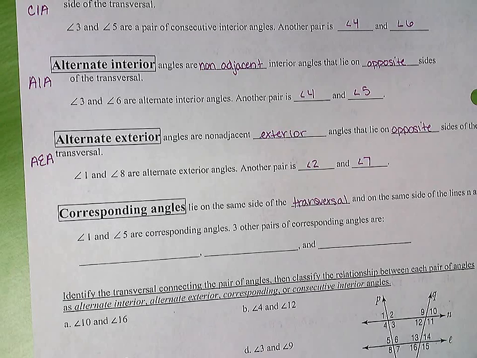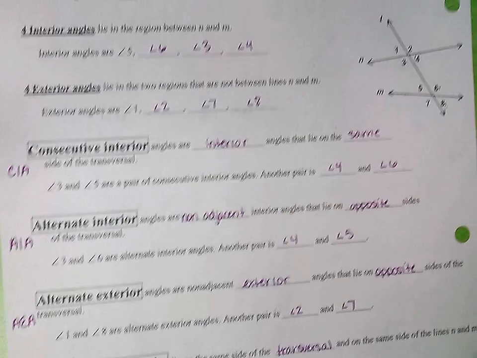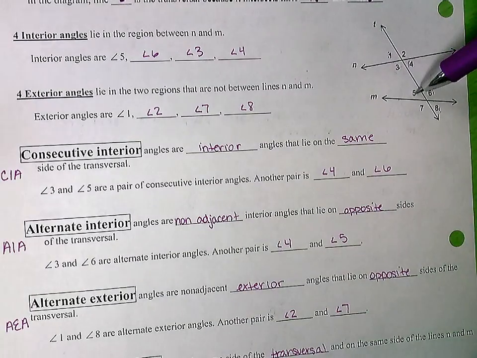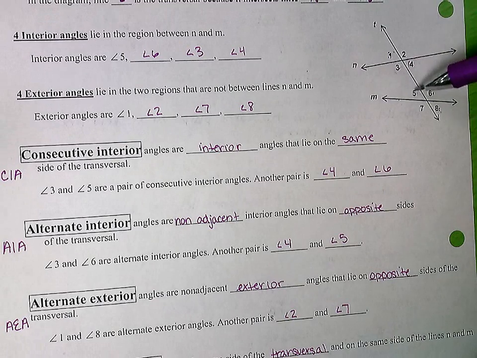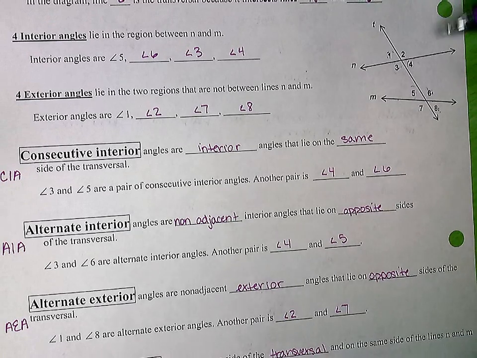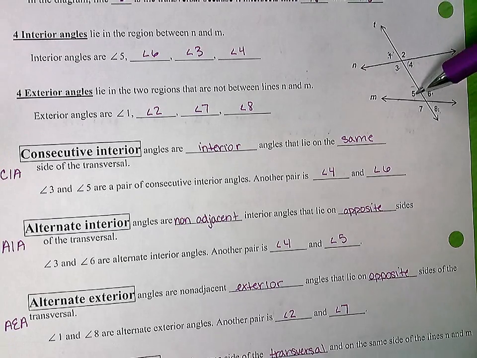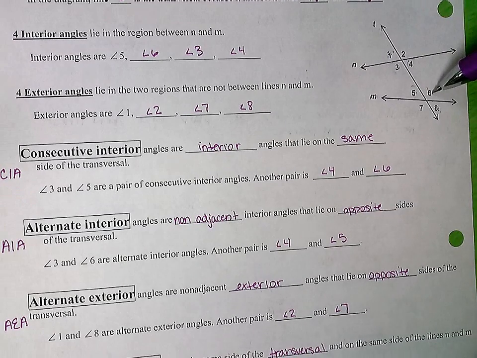They lie on the same side, and they also lie on the same side of N and M. So 1 and 5 would be corresponding angles. It lies on the top of N, lies on the top of M. Another pair would be 2 and 6.